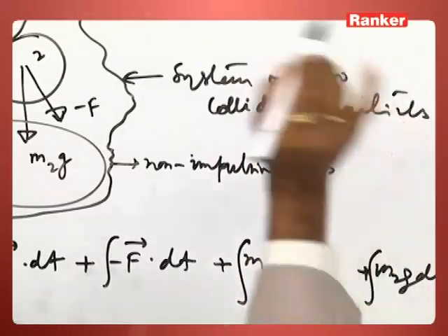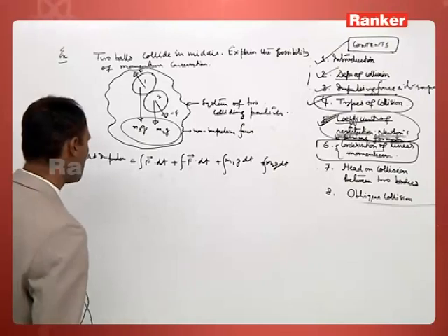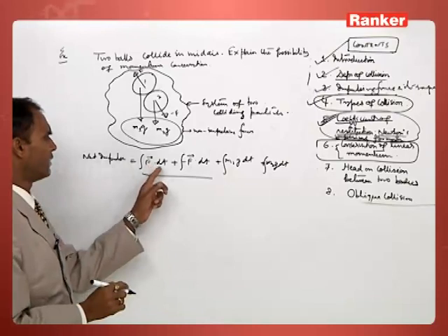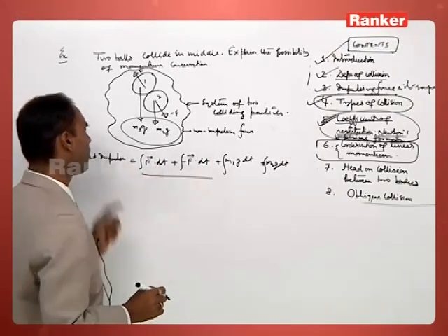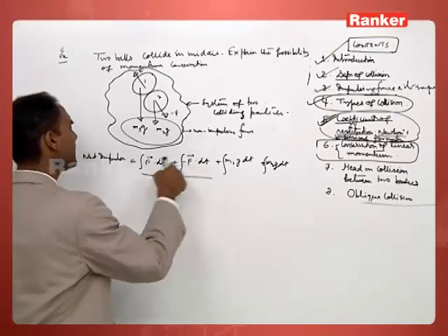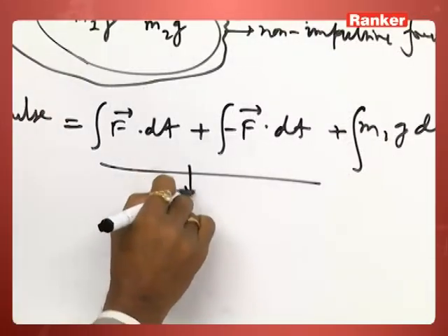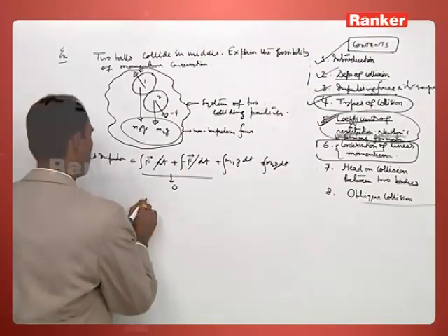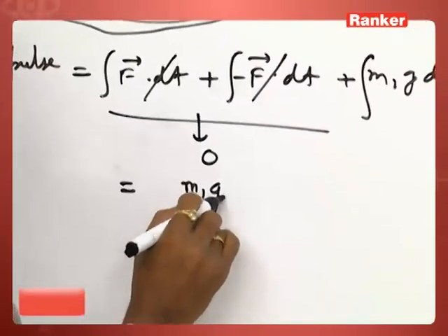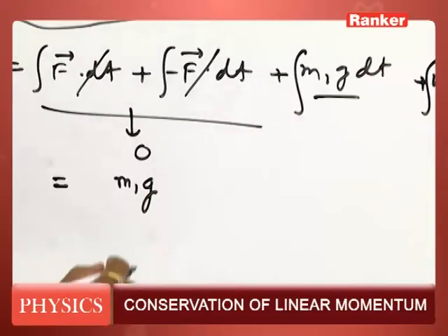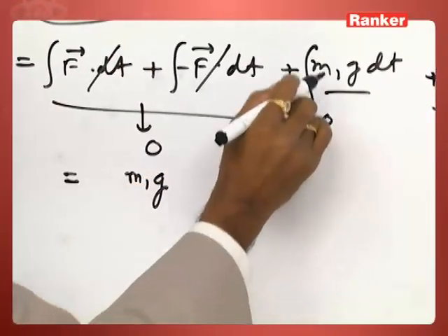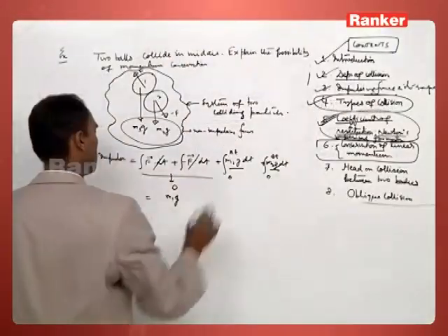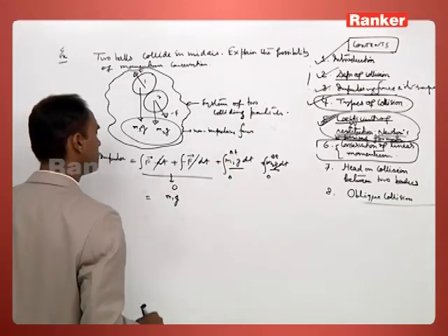System of two colliding particles. The net impulse is equal to the impulse of the impulsive forces, which are an action reaction pair, therefore this will be 0 as a whole, get cancelled, plus m1g and m2g, which are constant quantities, you can take them out. The time of collision is very small.